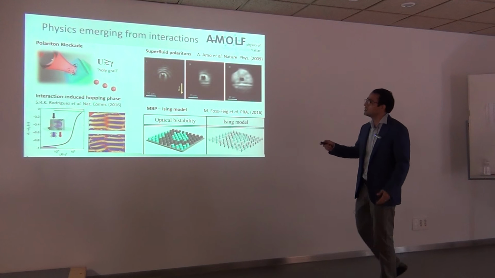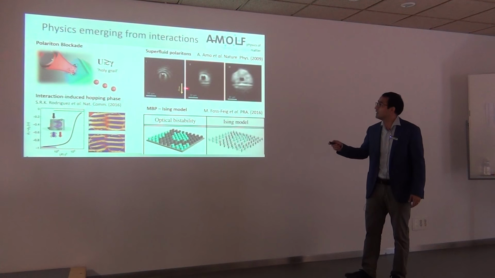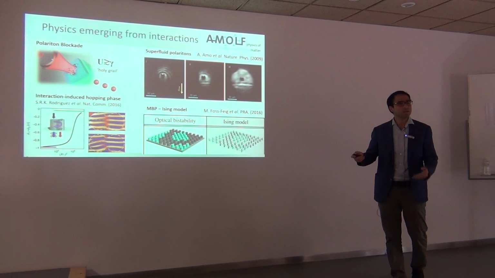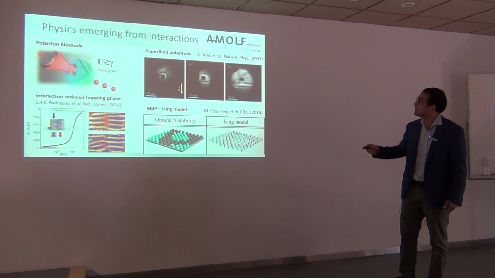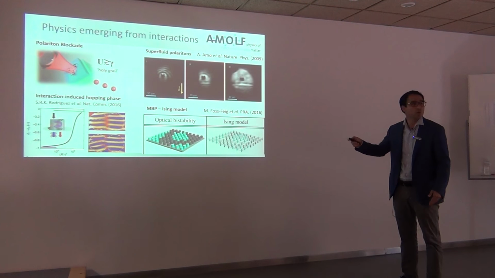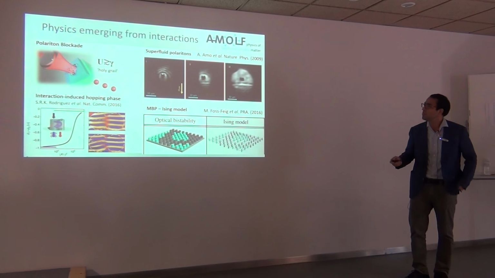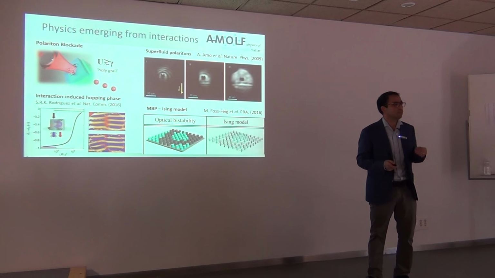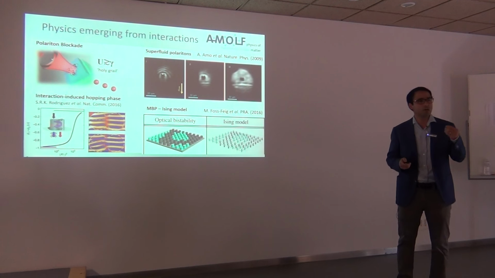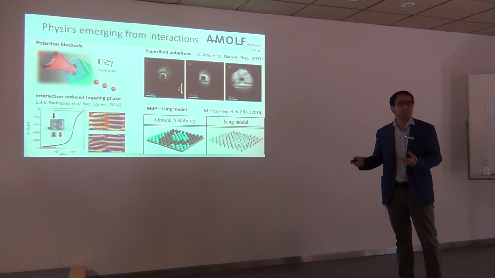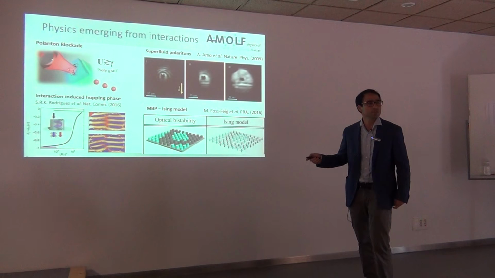Now at the mean field level, there are a number of other intriguing effects related to the propagation of polaritons in the plane. For instance, there are works on superfluidity, where people show that above a certain density, polaritons will no longer be reflected by an obstacle, but rather flow across the obstacle without dissipation. Recently, we published a paper where we show how you can control the phase that a photon picks up when it hops from one cavity to another by means of photon interactions, and we measure this phase using interferometry.